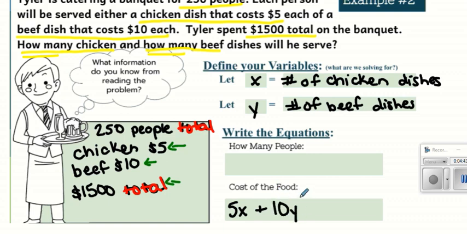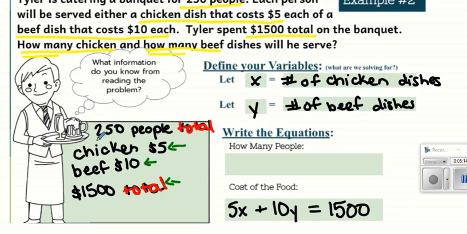So 10y. $10 times the number of beef dishes we are creating equals a total of $1,500. So there's our first equation. It's the easiest one to set up because all the information is laid out for you in the problem.